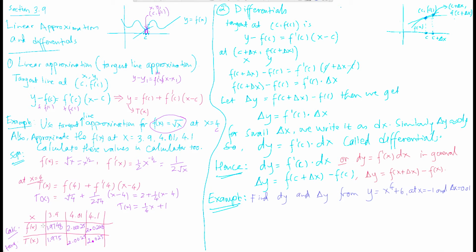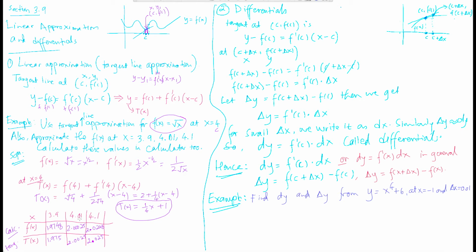So what I did, I used a calculator for f(x) equals root x, with root 3.9, root 4.01, root 4.1, and I found these values. And then T(x) is basically this equation. I take x equals 3.9, I got 1.975. You see that they are almost the same.